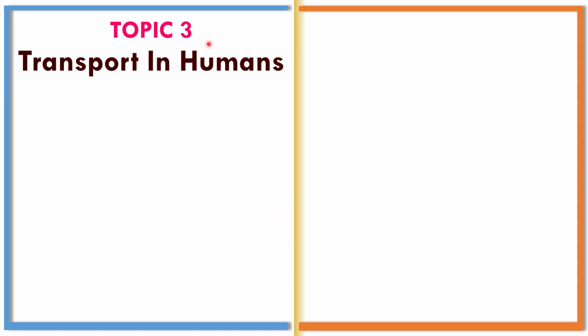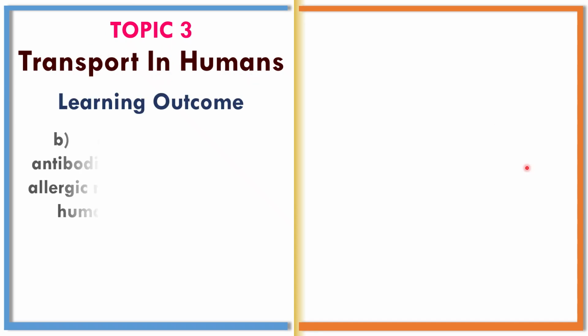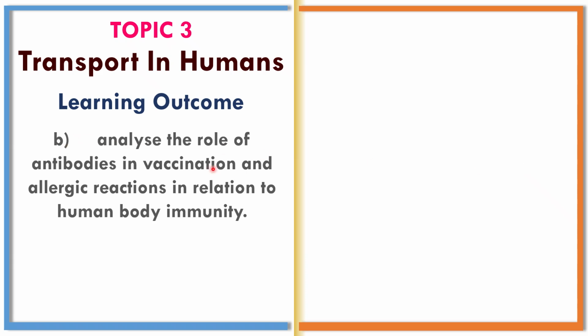I welcome you to topic 3, transport in humans. Our learning outcome B: analyze the role of antibodies in vaccination and allergic reaction in relation to human body immunity.